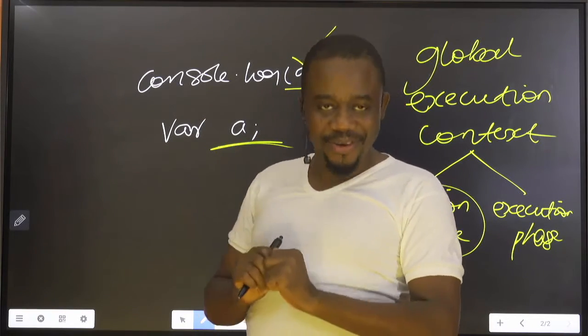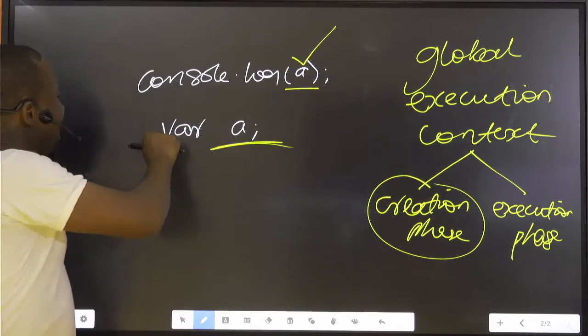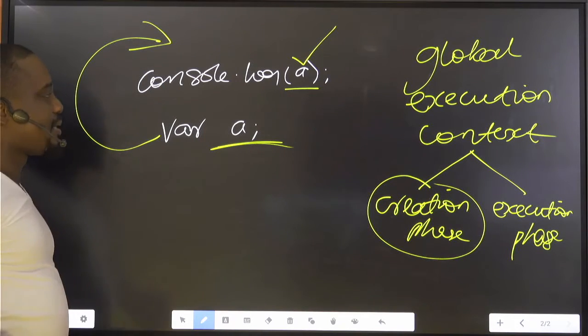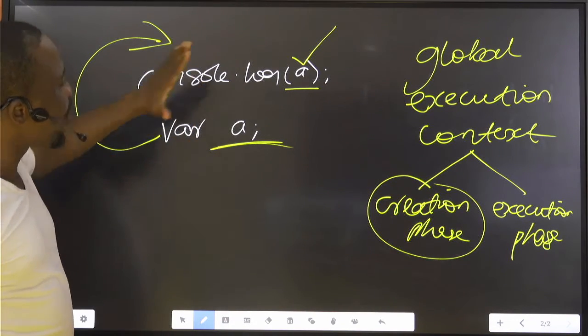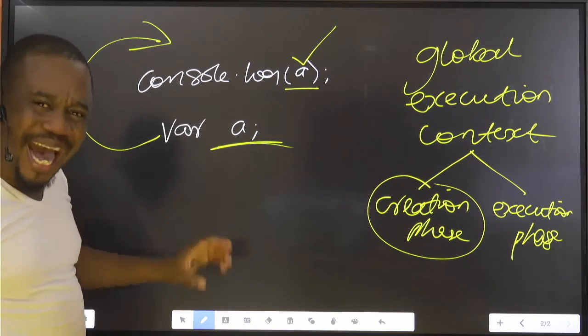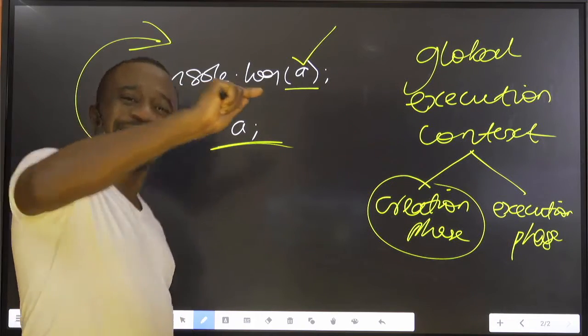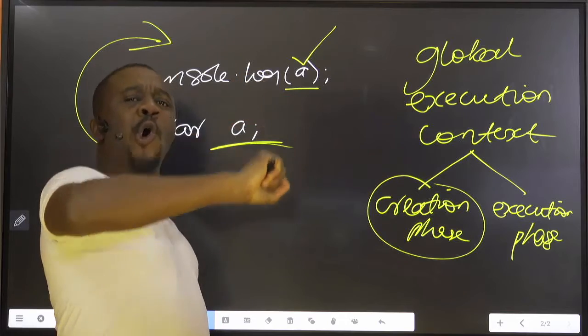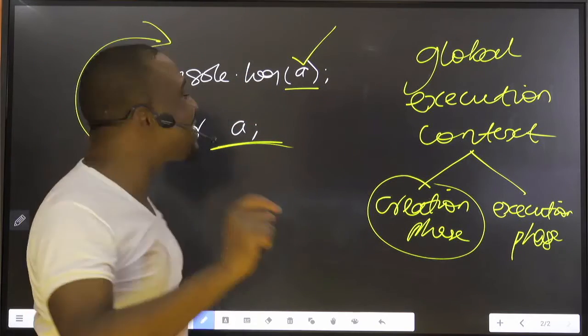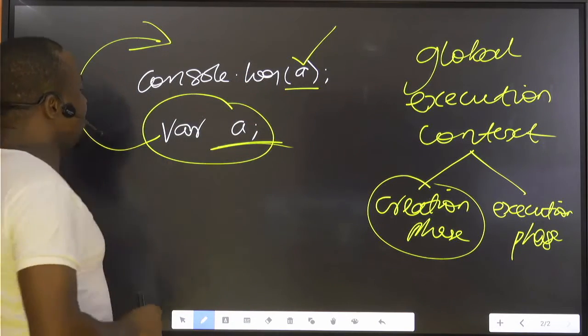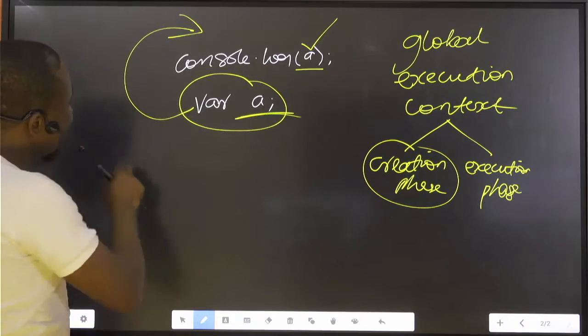Understand? Okay. So this one now will be moved here. That is, it will not give you any error. Remember, what is taken up, what is being hoisted is the variable declaration. But what if I do something like this now?